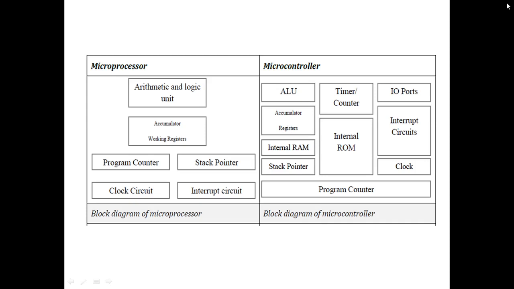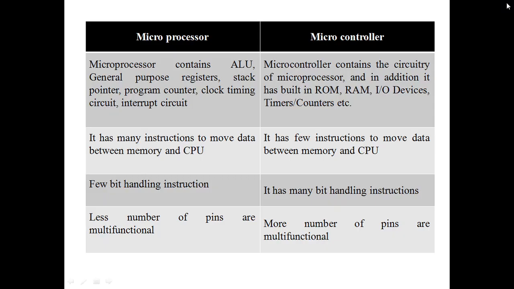A microcontroller additionally contains a timer/counter, internal RAM, and internal ROM, besides containing the microprocessor. This is the slight difference between the processor and the controller. Every unit is the same, but the microcontroller has some additional components.